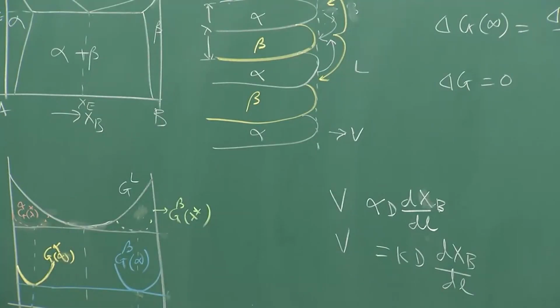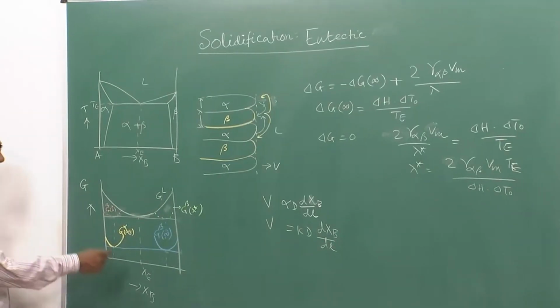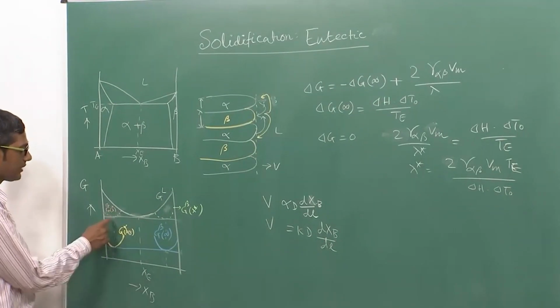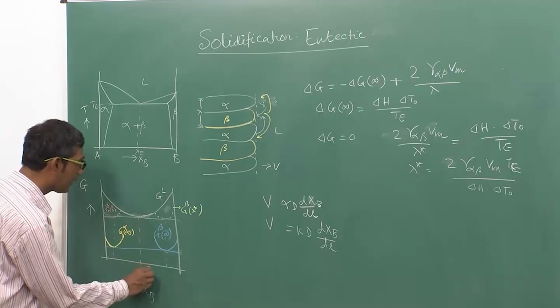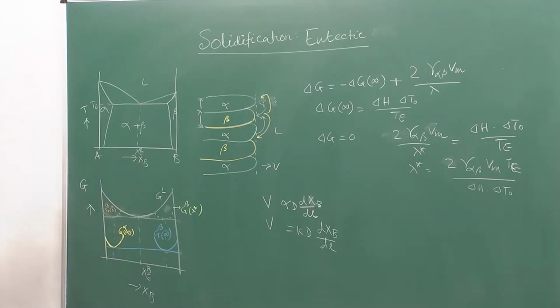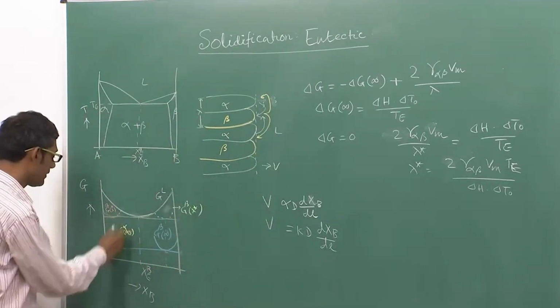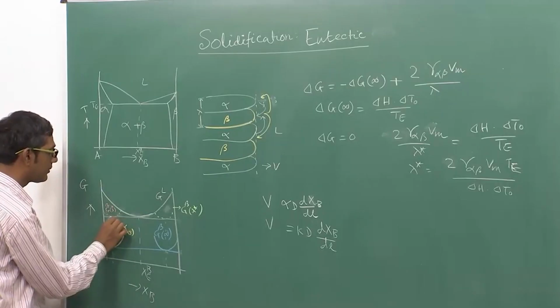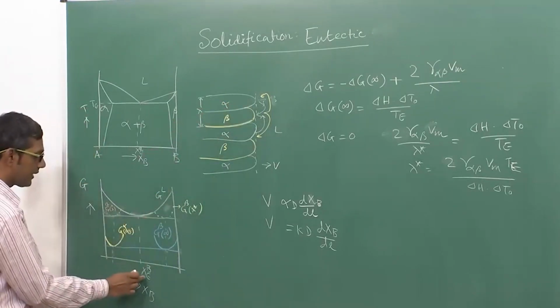Now the question is this: in a system like this, as you clearly see, the composition ahead of the alpha and ahead of the beta is basically the same. This is equal to xBe. That means the interfacial composition at the tip of alpha is xBe.